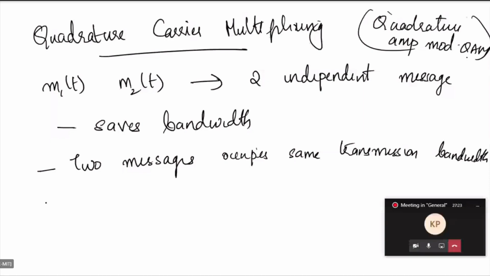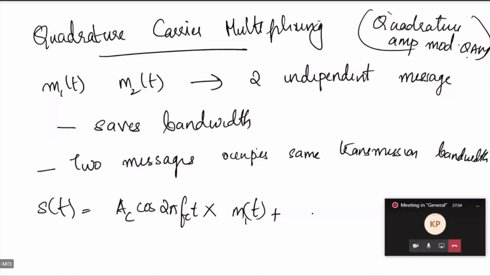So the signal equation s(t) will be Ac cos 2 pi fc t into m1(t) plus Ac cos 2 pi fc t into m2(t).